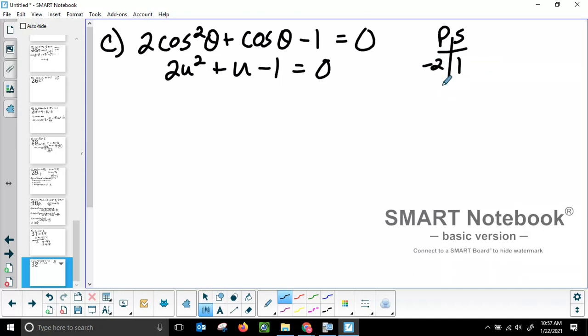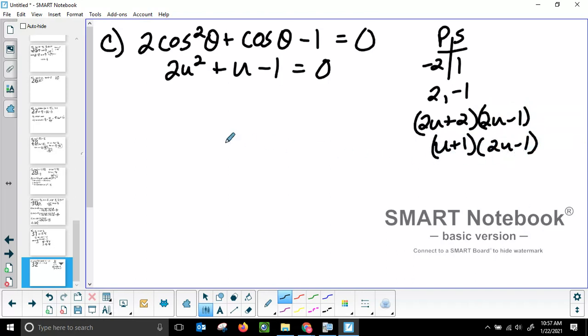Is this even factorable? So yeah, it's got to be 2 and -1. So this is going to be 2u plus 2, 2u minus 1. Take out the trash. This will be u plus 1 and 2u minus 1.